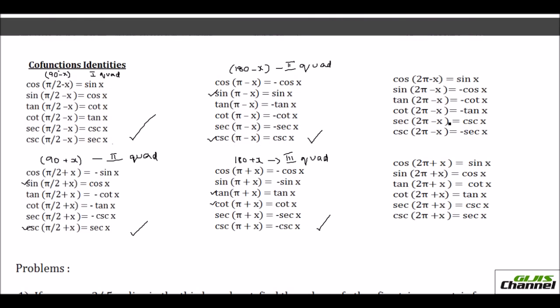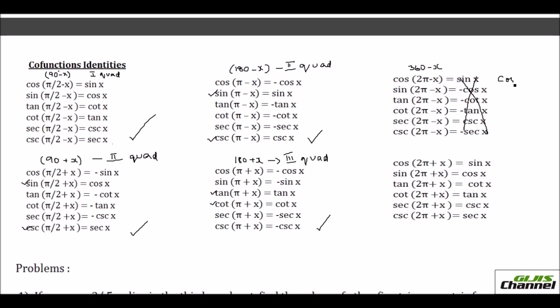Now the next one is 2 pi. 2 pi is nothing but 360, right? So it is 360 minus x. What is given is wrong, I just cut this, because 2 pi is 360. At 360, 0 and 180, the ratio doesn't change. So here, let me write all the ratios as they are.